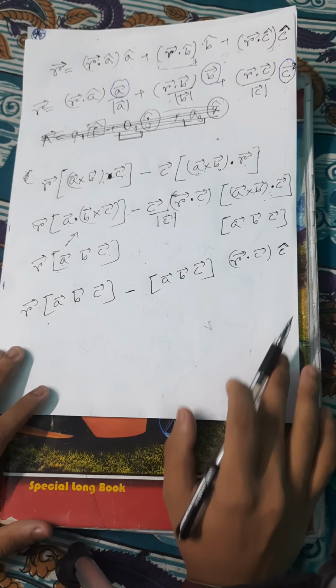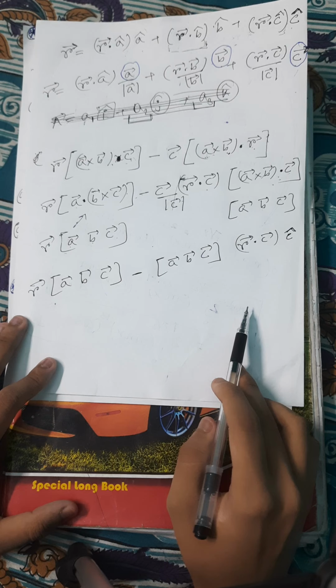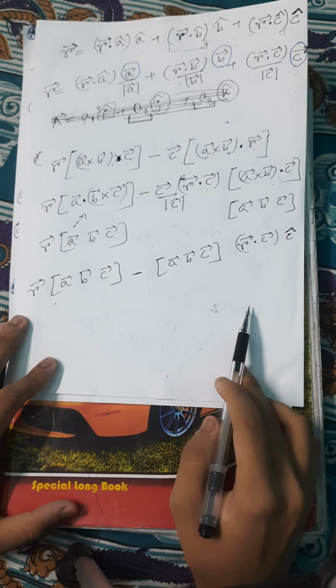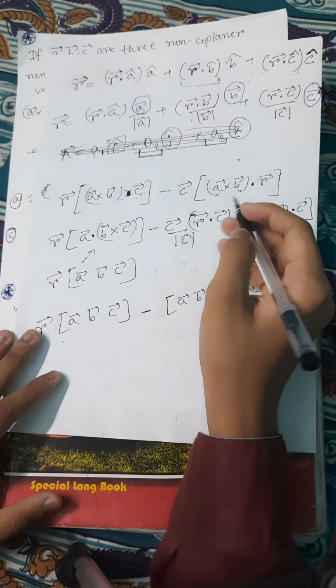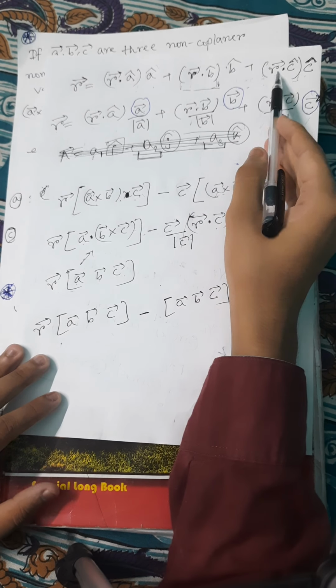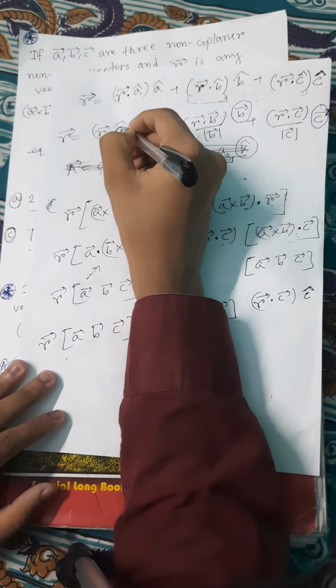So this way, R dot of C vector, B vector, C vector, C cap, R dot of A vector.